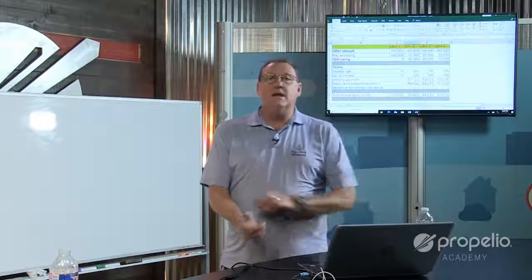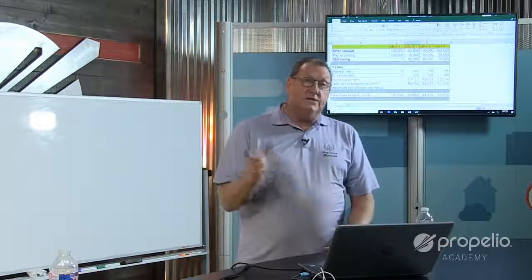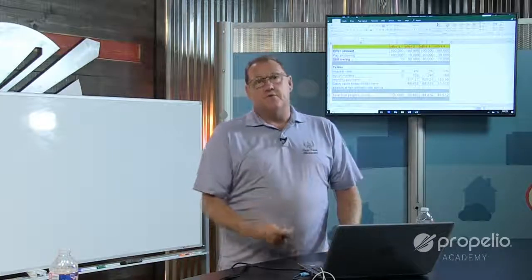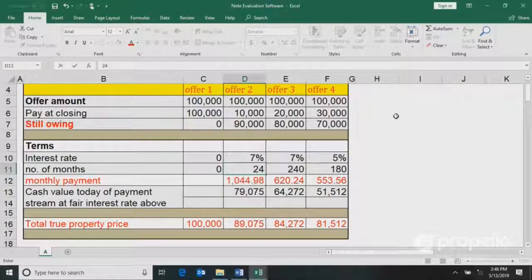The number one question that comes into play, and this is always a big concern, is when you're doing a very short-term deal, say 120 months, is that affordable by the buyer? So you want to make sure that that's covered going in. What would happen if we changed this? What would happen if I went to, say, 7% and I went to 240 months? What would that look like?